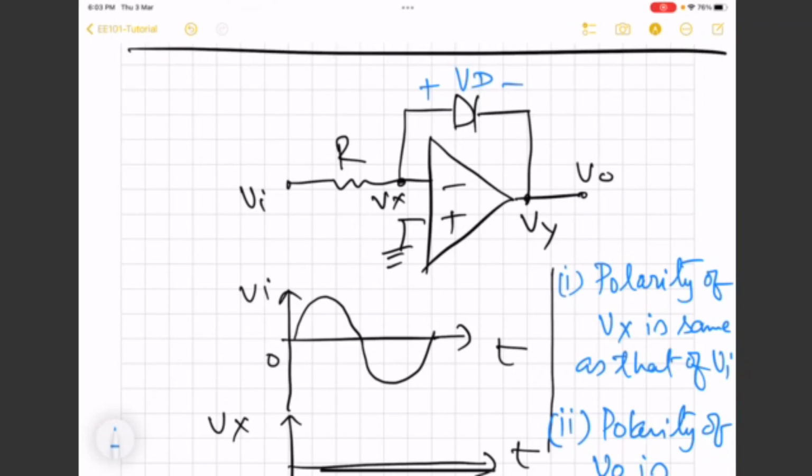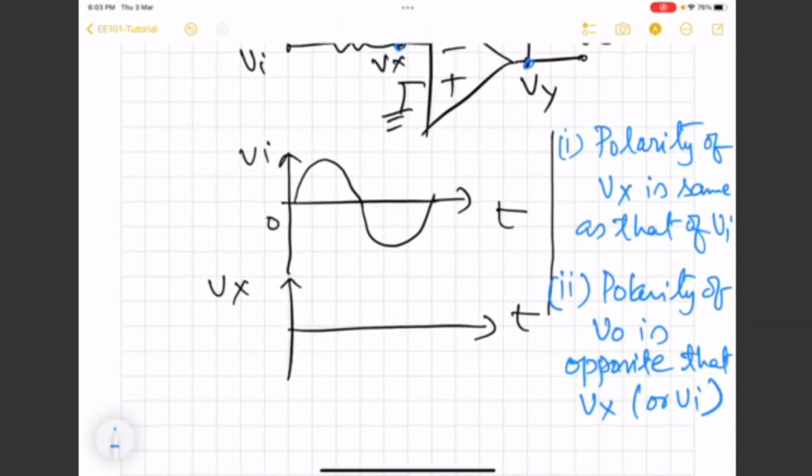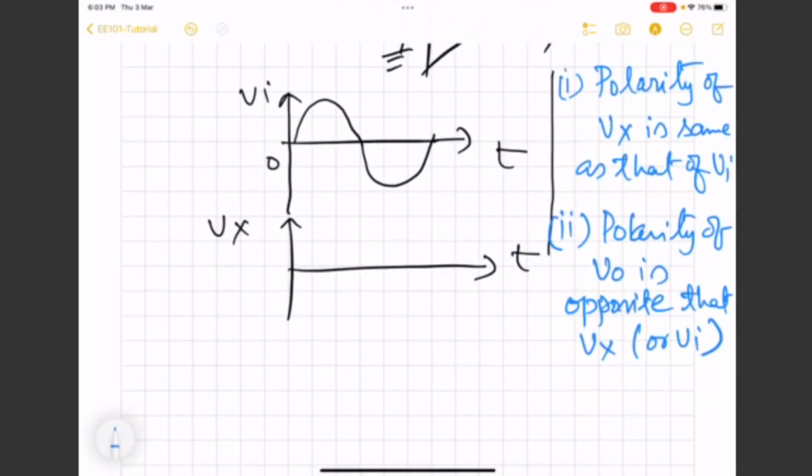If the polarity of VD is negative, then substitute diode by open circuit. And for each of the two cases, determine Vx and if required Vy also. So you just keep these facts in mind, and then you will be able to solve.